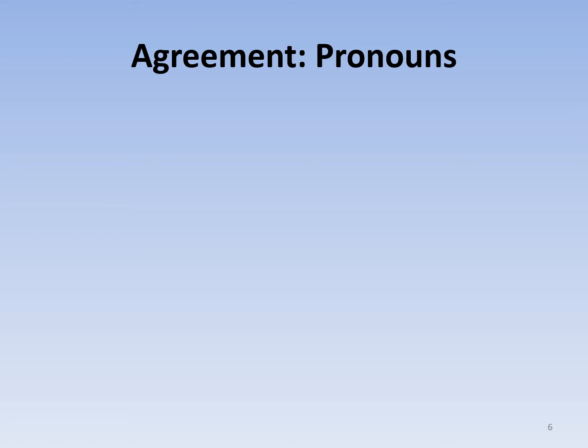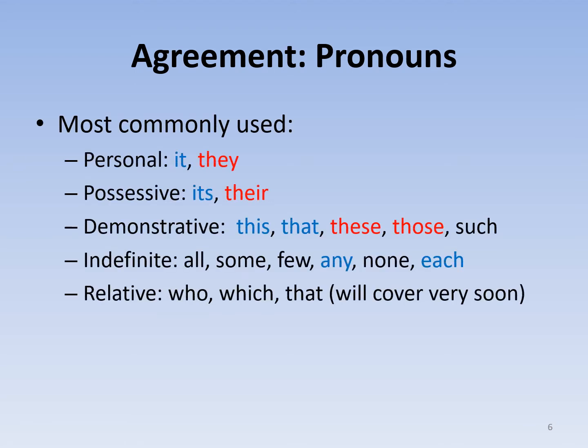One major item on agreement is that you need to use pronouns correctly. When it comes to pronouns, these are some of the very common pronouns that we use: personal, possessive, demonstrative, definite and indefinite, and relative pronouns.